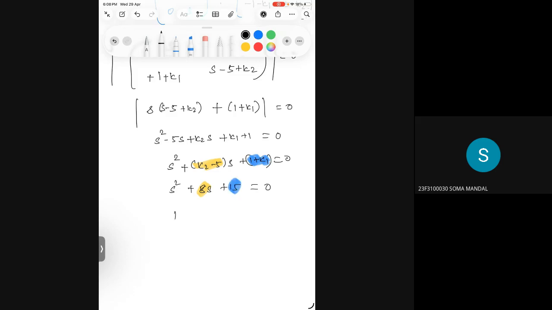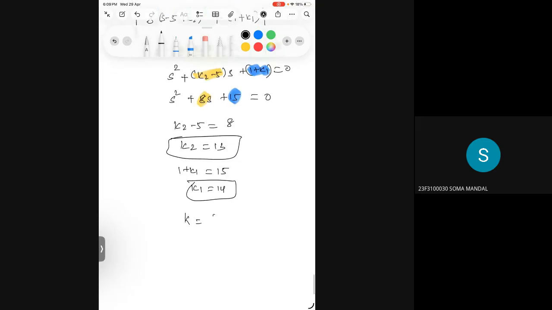So k2 minus 5 equal to 8, then k2 equal to 13. 1 plus k1 equal to 15, then k1 equal to 14. So your K matrix is 14, 13. That's your K matrix. This is how you find the state feedback control, pole placement controller. State feedback controller and pole placement are both the same. This is how we will ask you to find the K matrix.